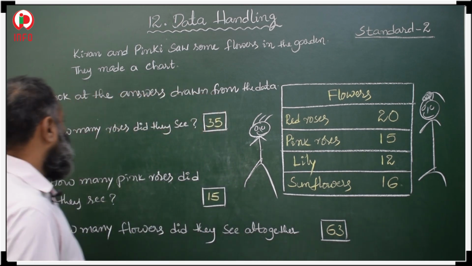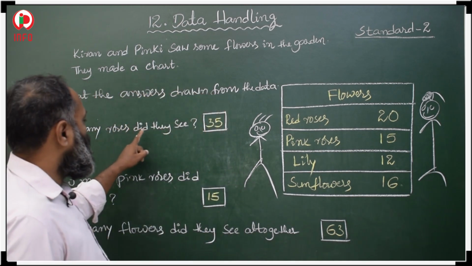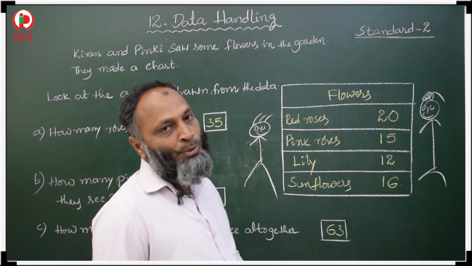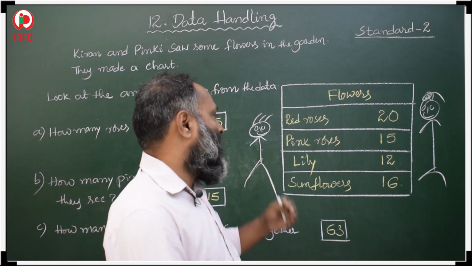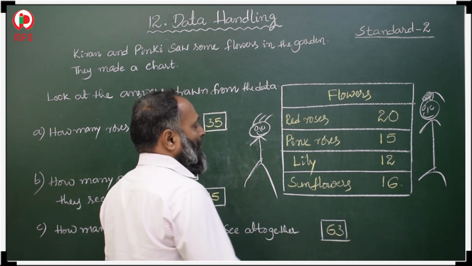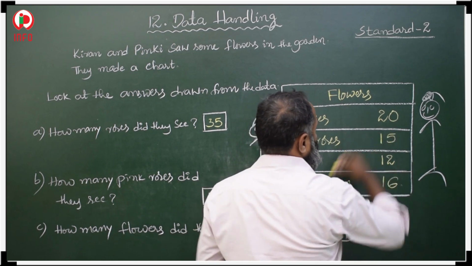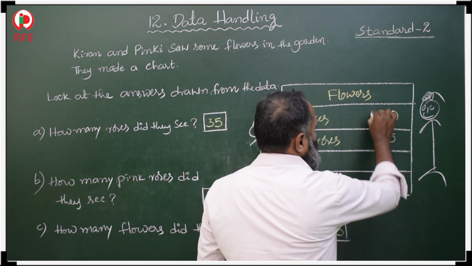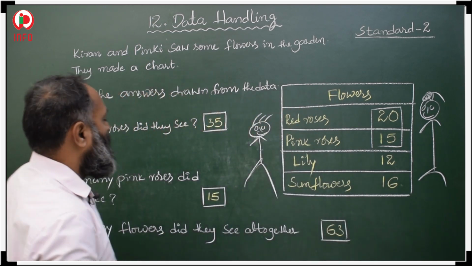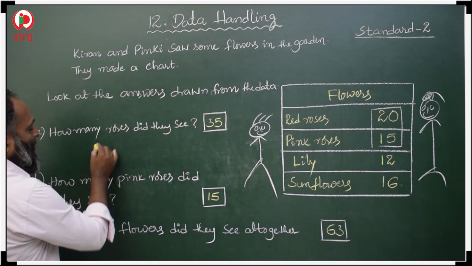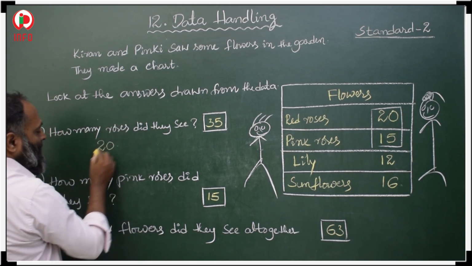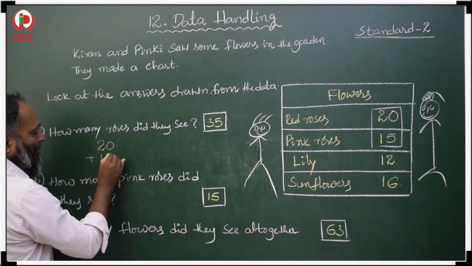See here. How many roses did they see? Roses means either red or pink, so we should add both. Roses means the combination of these two, pink roses and red roses. So add 20 plus 15.